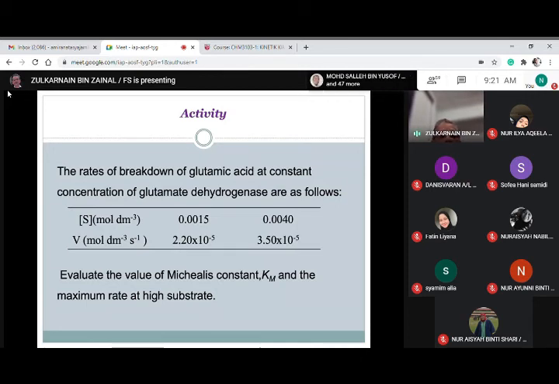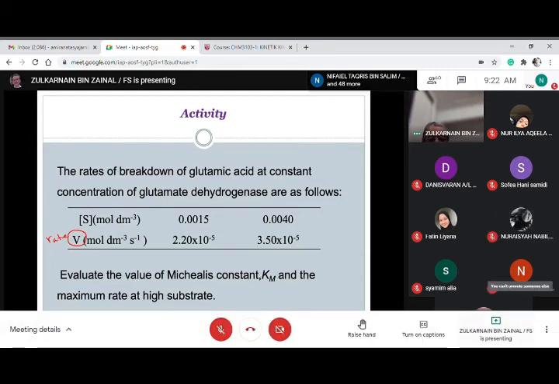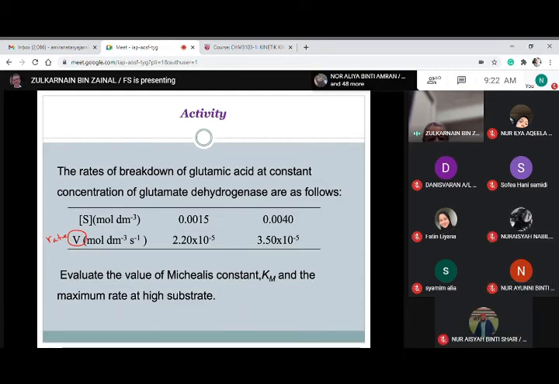You are given the concentration, and also the V here is of course the rate. As given there, you are to evaluate the value of the Michaelis constant Km and the maximum rate at high substrate concentration.